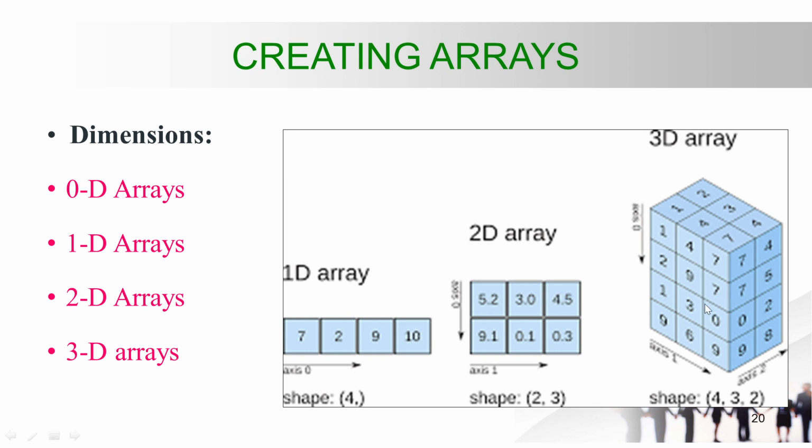For a 3D array, you will call it slice, row and column. It has 4 slices, 3 rows and 2 columns.